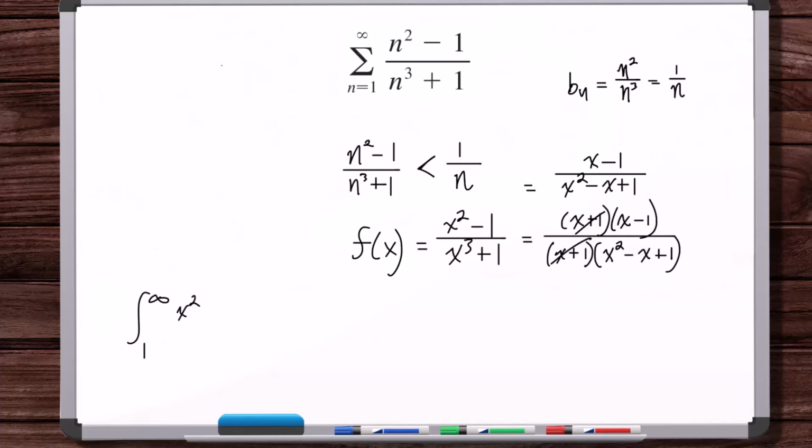That should make the integral a little bit easier. All right, so x squared minus x. Okay, so this is the limit as t approaches infinity.